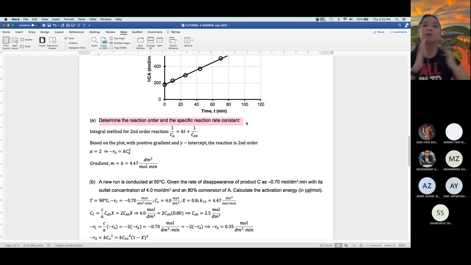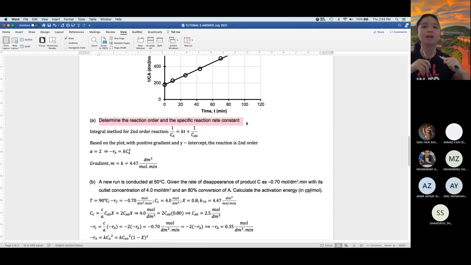You have to look at each method, which equation has 1 over CA and time. Because every equation will use something different to plot. Okay, so you won't find two methods plotting the same thing. Everything will be different. Okay, so if you check correctly, there's only one equation that uses 1 over CA versus time, which is the integral method.